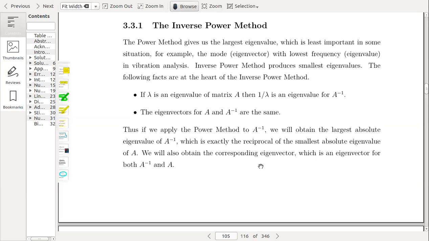We will also obtain the corresponding eigenvector, which is an eigenvector for both A inverse and A.